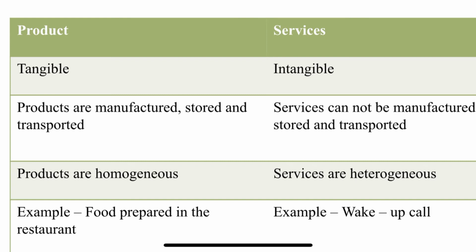The product, which is the bottle of wine, will remain the same. Every time you go and order the same wine, you'll get the same kind of bottle and you will get the same wine of the same consistency. Whereas the service, the experience, could change depending on who you are with, what your mood is, and even what food you are having with that wine.